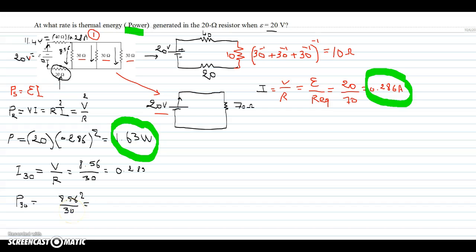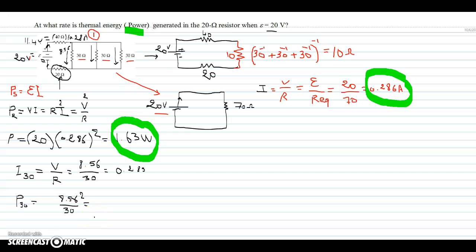Let's do it again: 40 times 0.286 is 11.41, and 20 minus 11.44 gives 8.56.